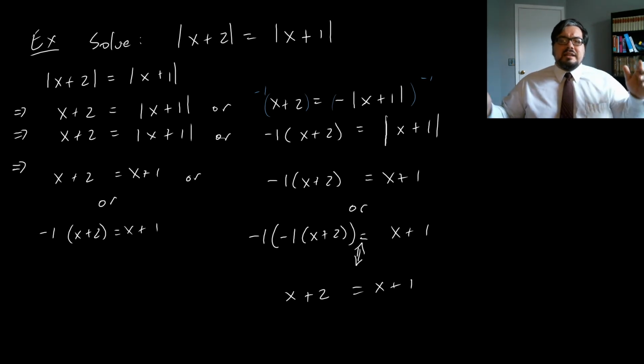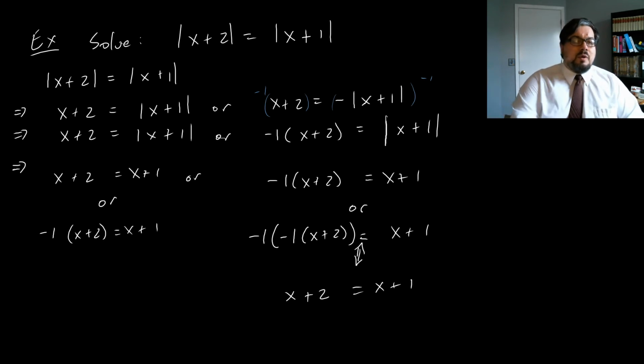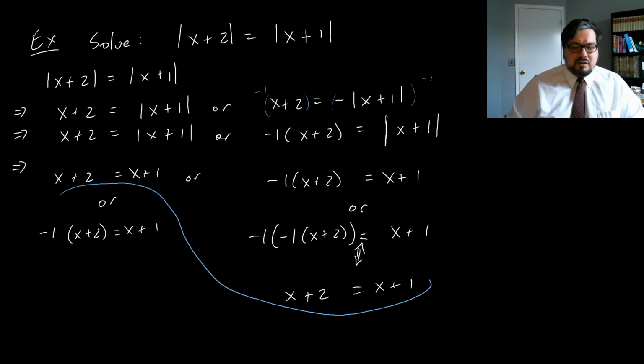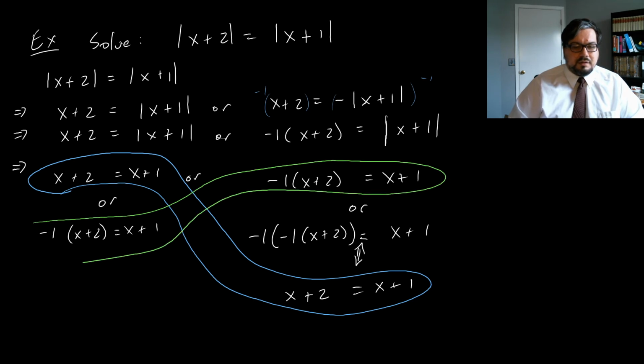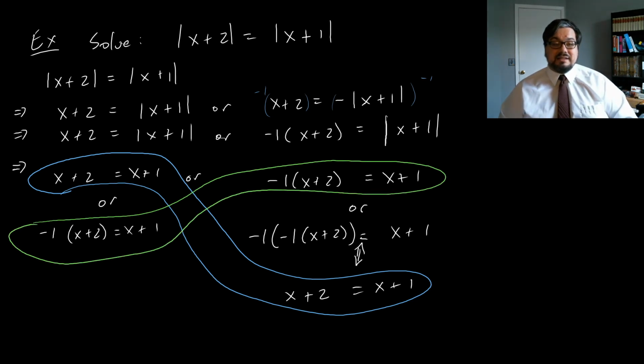So we split up our equation twice, once using the first absolute value and once using the second absolute value. Now, what you'll notice is that there are 2 pairs of equations here that we got as possibilities that are in fact exactly the same.